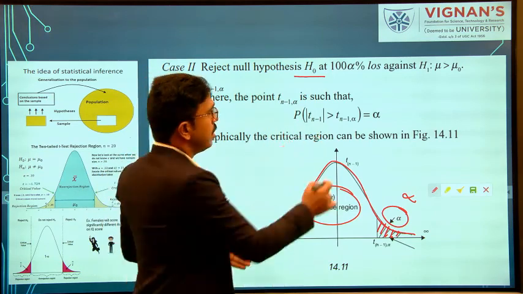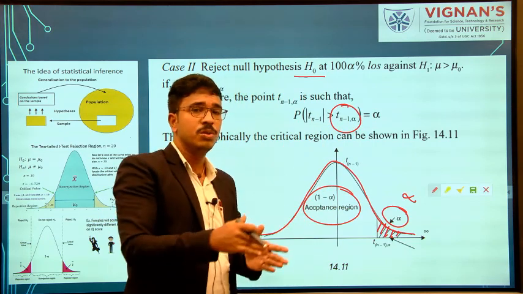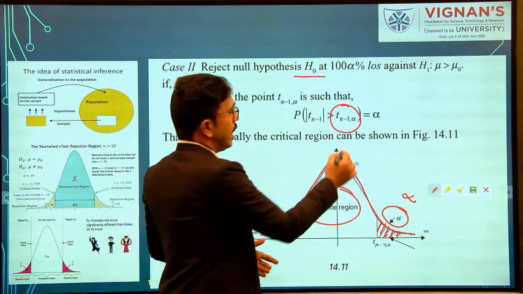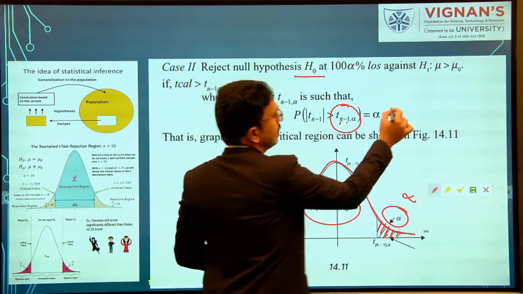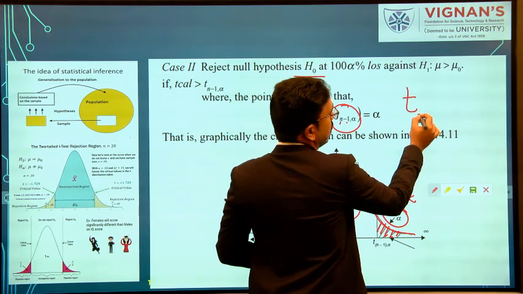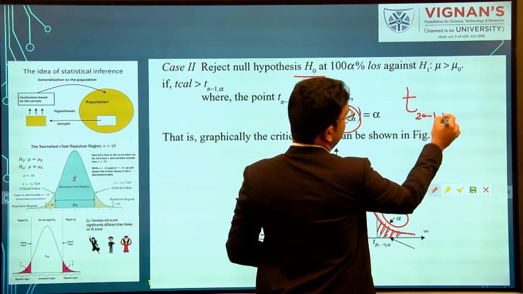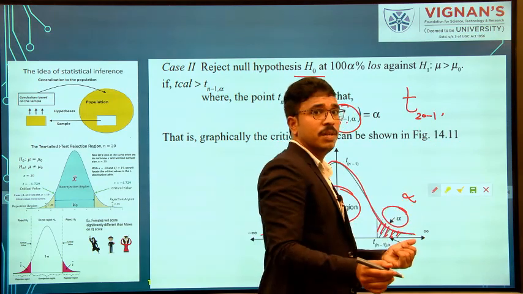The same thing here. Whatever this t(n-1, alpha) is, this is what we need to use while looking at the table. n is nothing but the sample size. Say, for example, if we have 20 samples, then it is 20 minus 1. Alpha, I told you, is related to the level of significance.